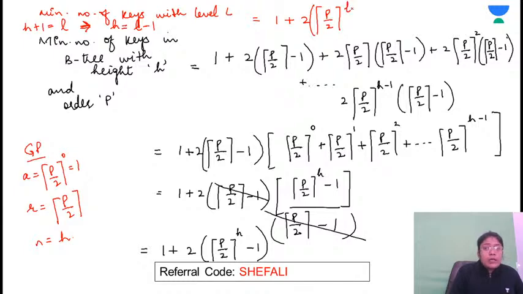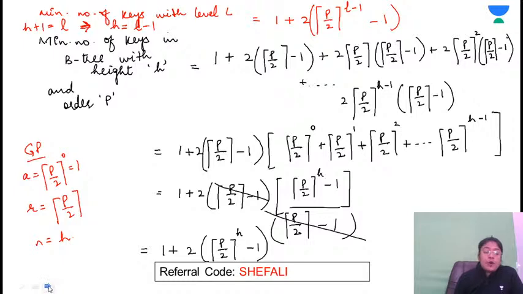Now you have to calculate in terms of L minus 1. So this is the formula. Clear? This is with minimum number of nodes, minimum number of block pointers, and the minimum number of keys.